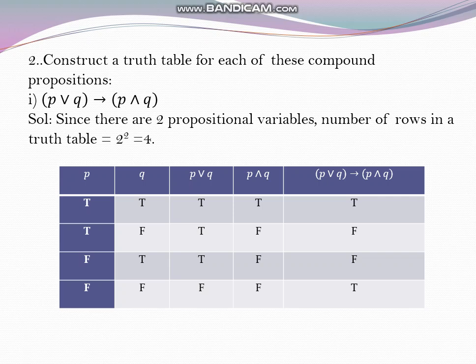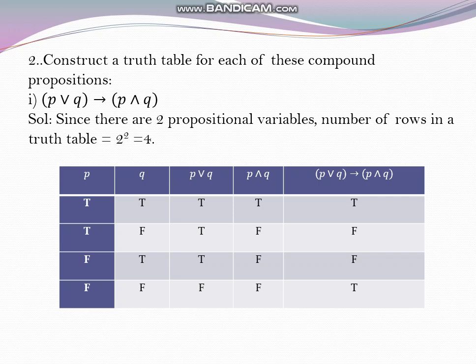This will give me all possible combinations, and therefore the next column will be the first compound statement, which is P or Q. The second compound statement is P and Q, and the last one is P or Q implies P and Q, since we want to construct the truth table for this statement.